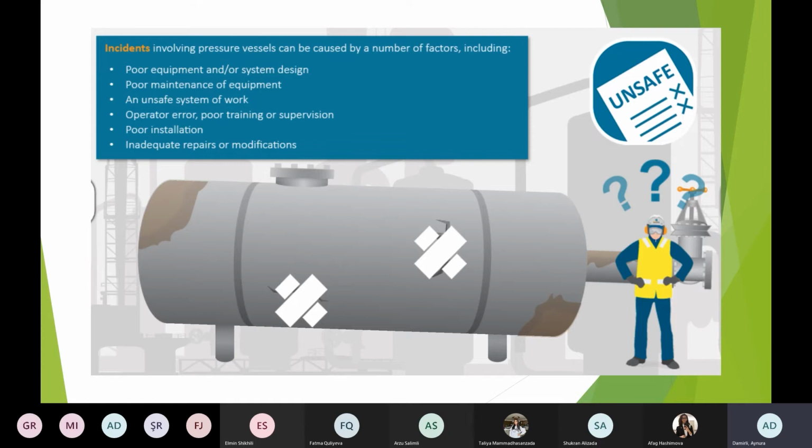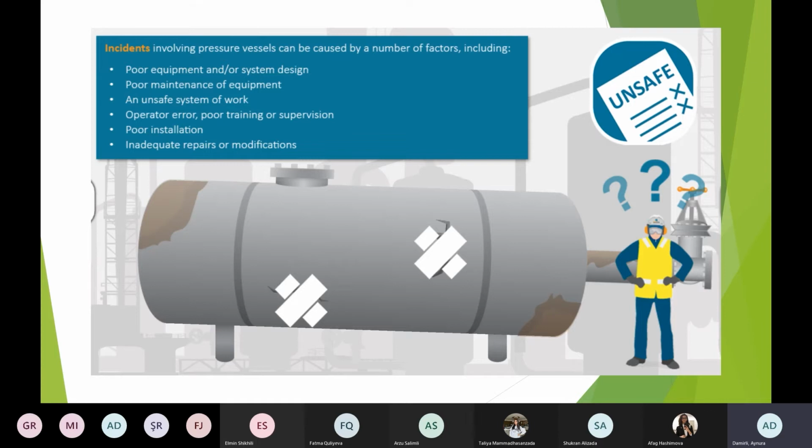and or system design. If I am not inspecting, I don't know what the design is. When equipment is installed on site, I need to first do an inspection. It's called baseline inspection. So if I did a baseline inspection, I know that during installation of equipment I don't have any issues, like no metal degradation.